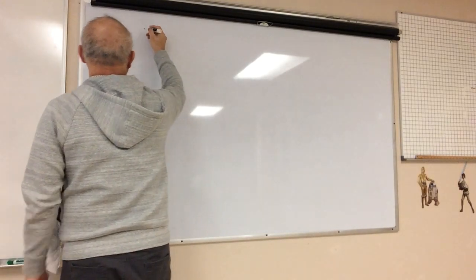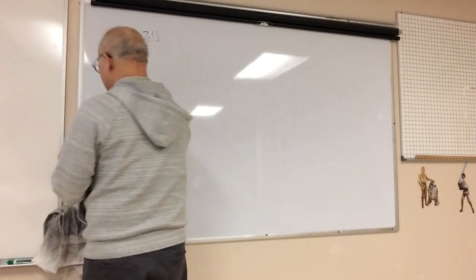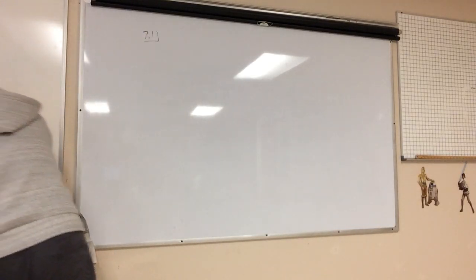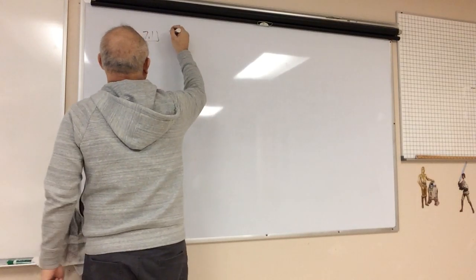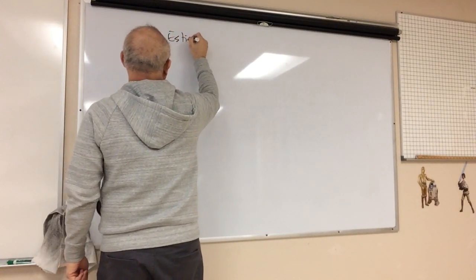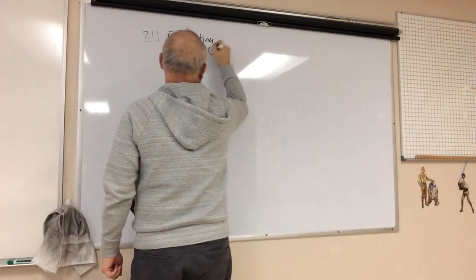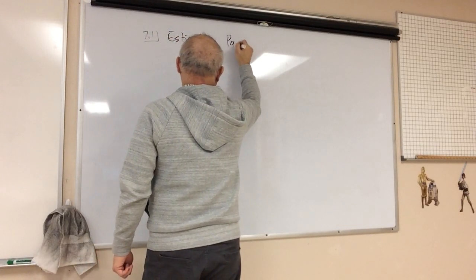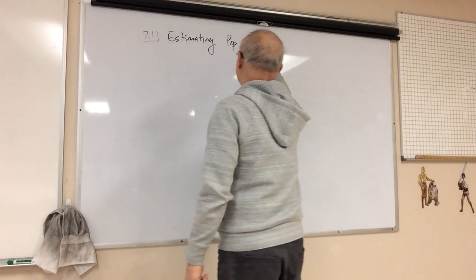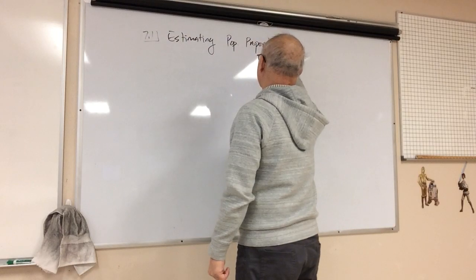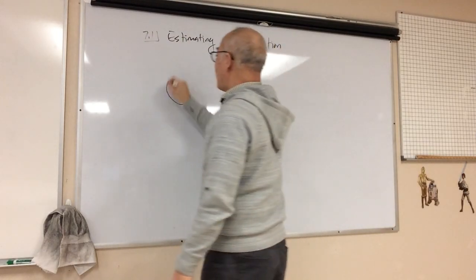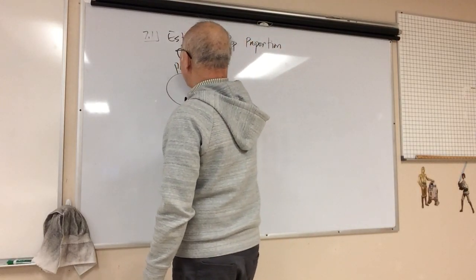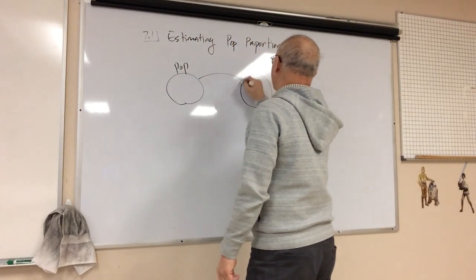Population proportion, so 7.1. We have a working one here. Oh, there we go. Estimating population proportion. Okay? So if I have a population, I take a sample.